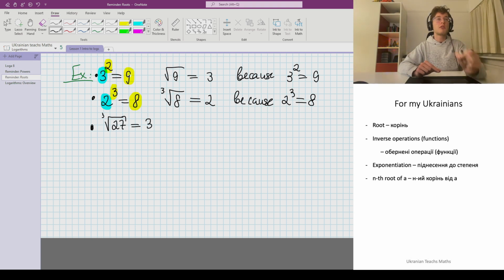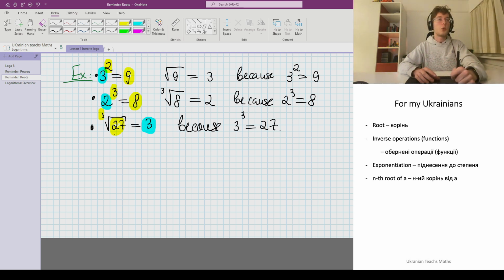Why? Because we are looking for the base that raised to this third power would give me back the result 27. Now we have to check it. This is true because 3 raised to the power of 3 is equal to 27. So everything works just fine.